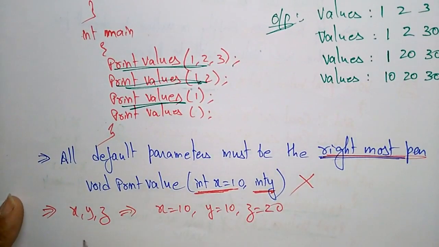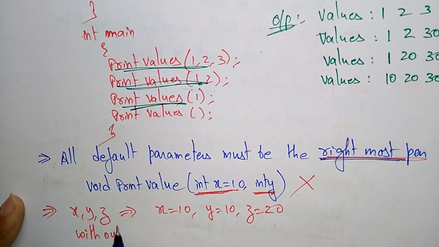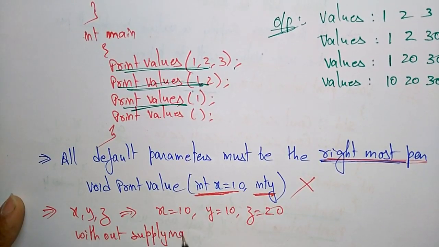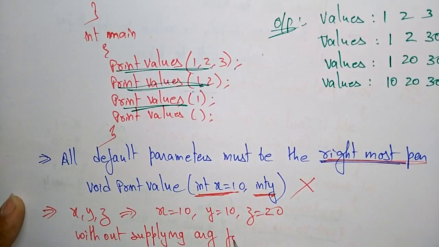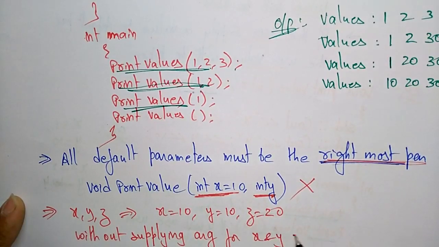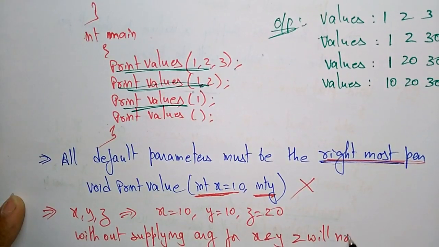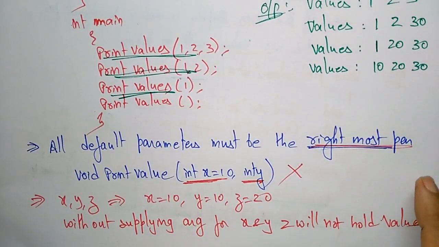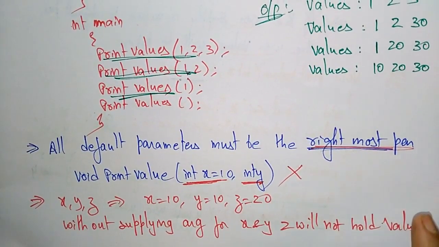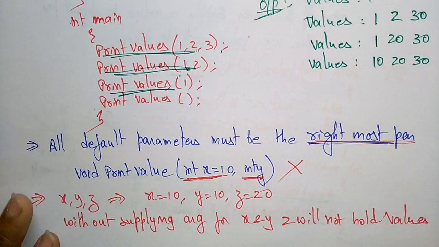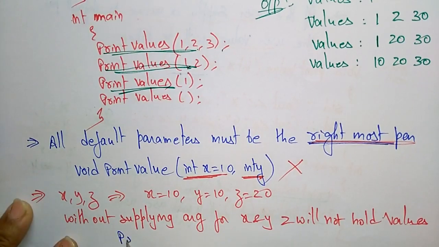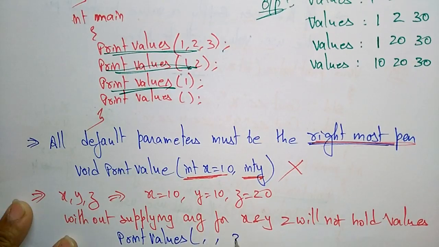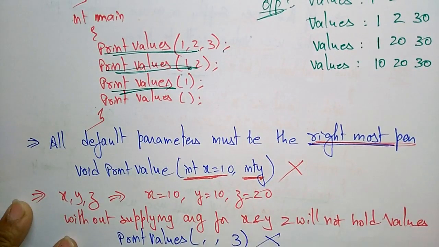So without supplying arguments for x and y, z will not hold values. That means this does not exist in C++.